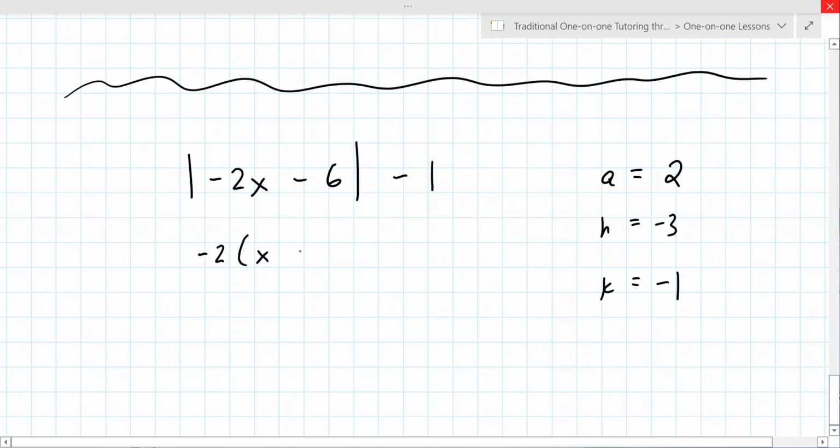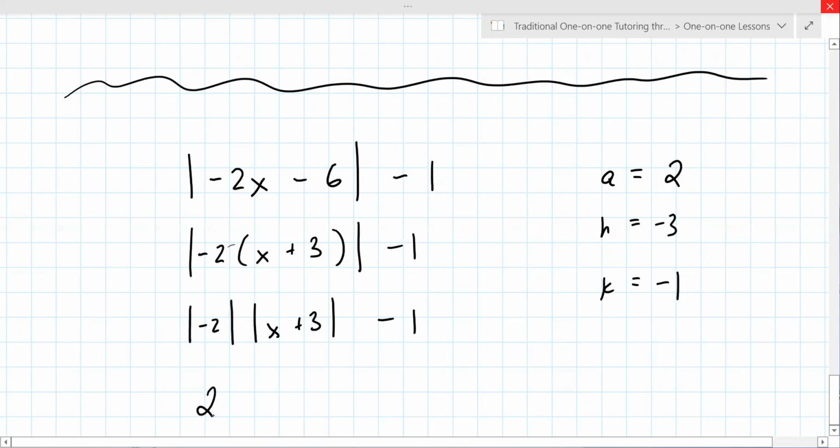So that becomes x plus 3, like this. And this is a really important skill because you're going to get problems where you have to either factor or distribute a negative, and they're going to look for that. So it becomes the absolute value of -2 times the absolute value of x plus 3. Okay, and that's why it becomes positive here. Yeah. So it's 2 absolute value x plus 3, minus 1.